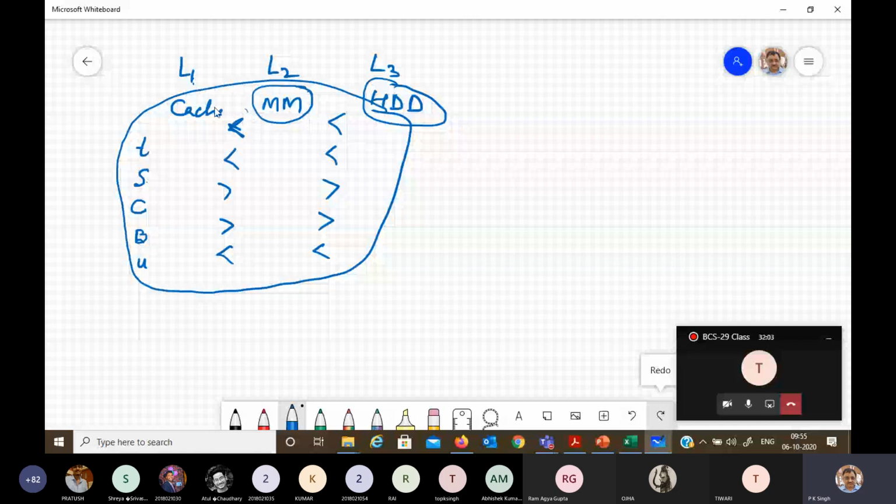Similarly, the information held at L1 is a subset of L2, so all the information at level L1 will be available in L2. Similarly, all the information in L2 will be in L3.